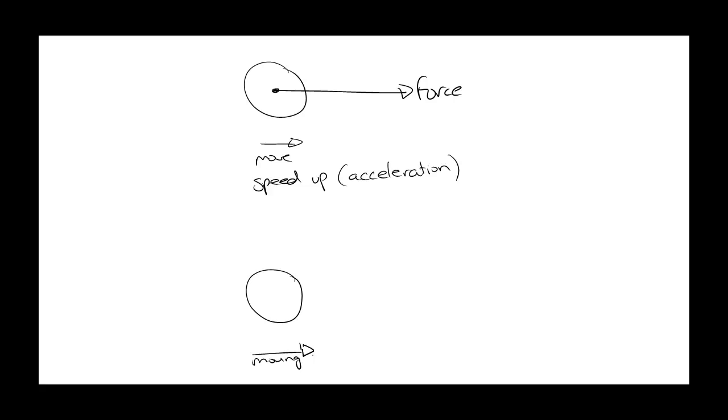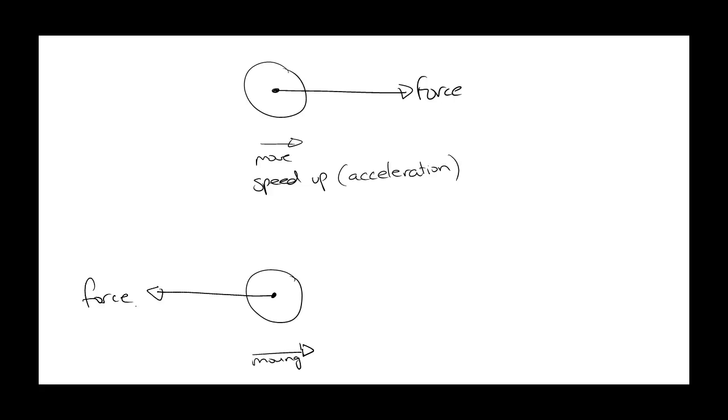Later on we will actually see that that is not correct. An object can be moving and have no forces acting on it. So we have an object moving in space in the direction given, and then a force is applied to the object in the direction that is opposite to the way it is moving.